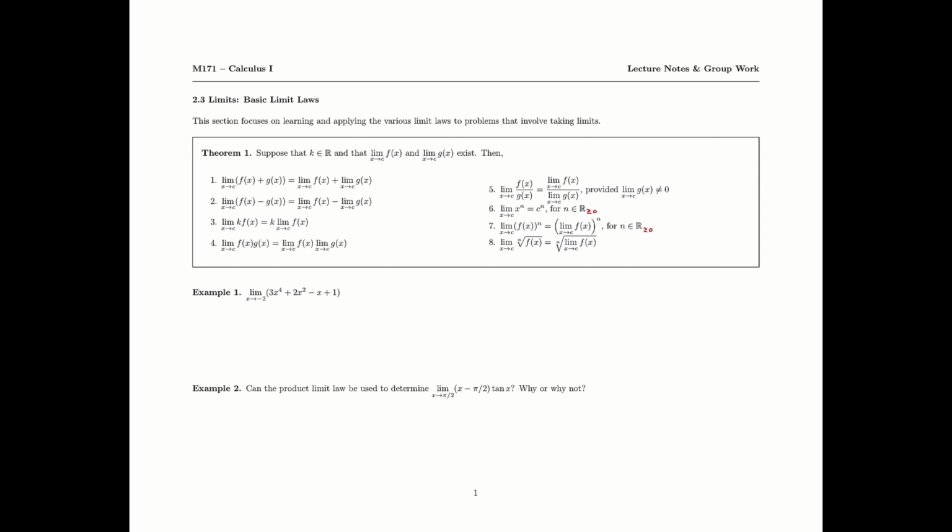Because it is true that you could do something rather strange. You could have two functions, and maybe their limits don't exist. But when you add, subtract, multiply, divide them in such a way, the collective limit then exists.